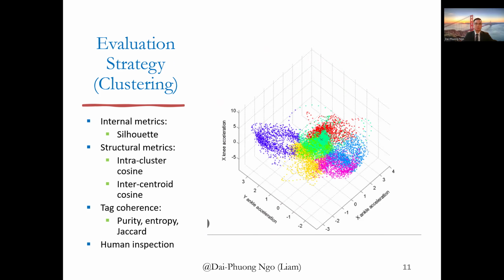To better understand structure, I also measure cosine-based cohesion and separation, as well as tag-based coherence metrics like purity and entropy. Finally, I rely heavily on human inspection, reviewing top terms, dominant tags, and example questions per cluster. In practice, this qualitative layer is critical for judging whether clusters are usable in a real system.